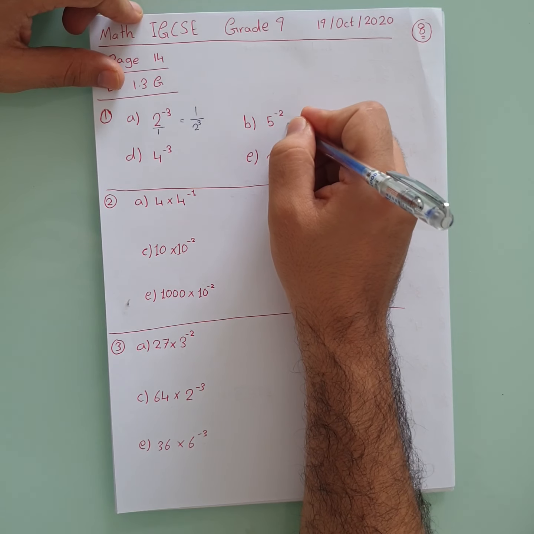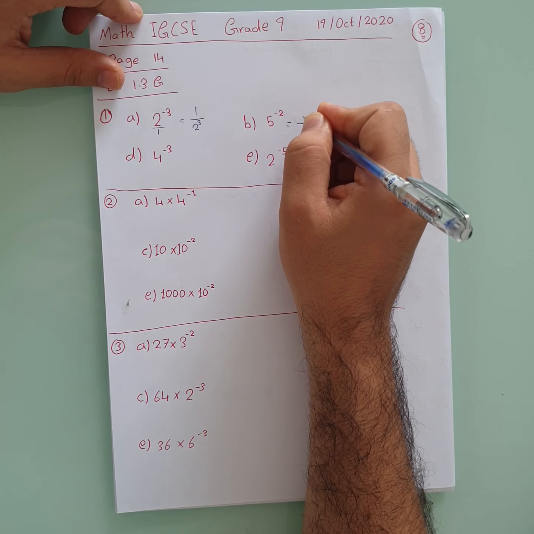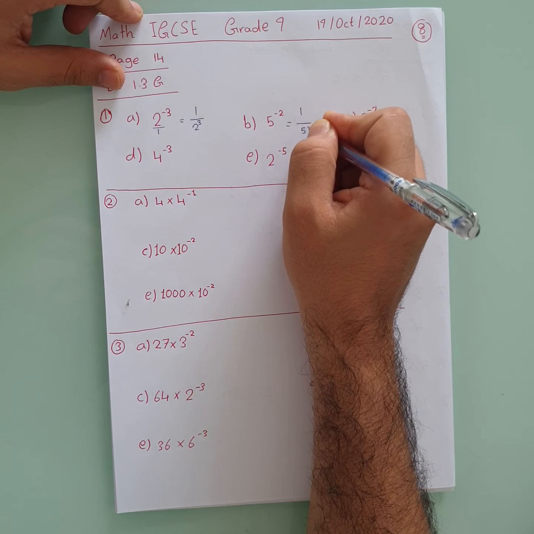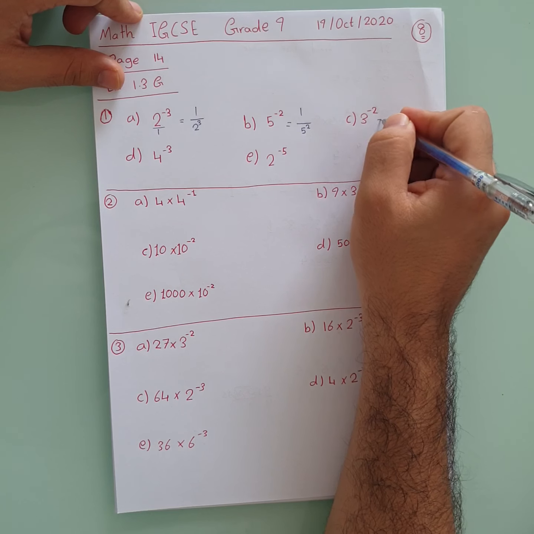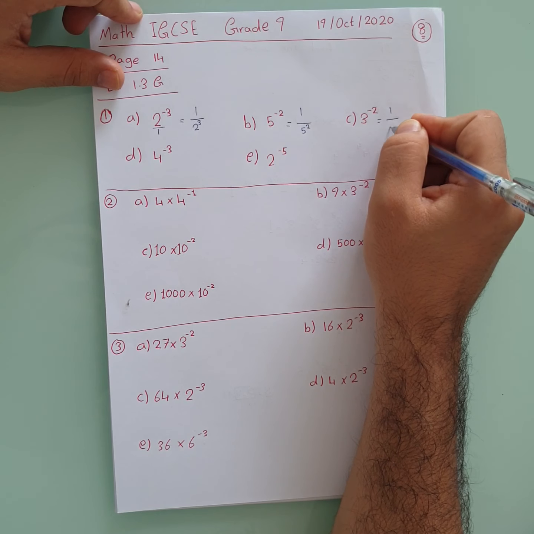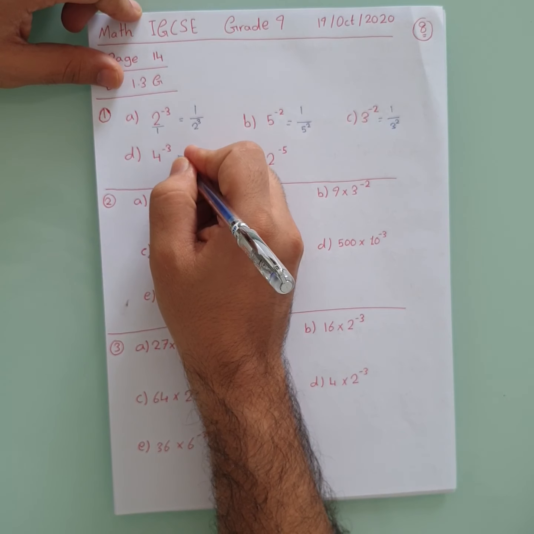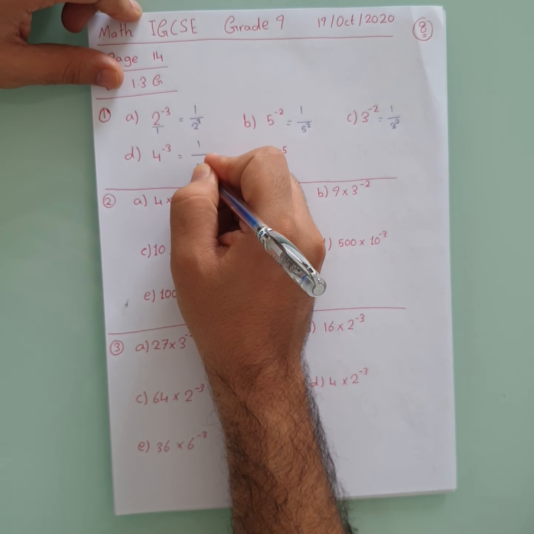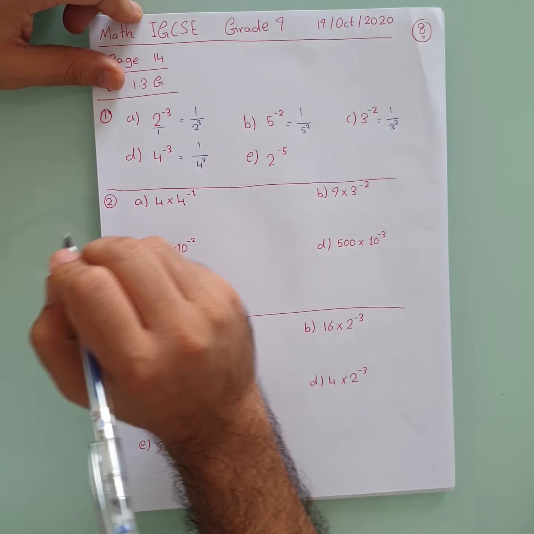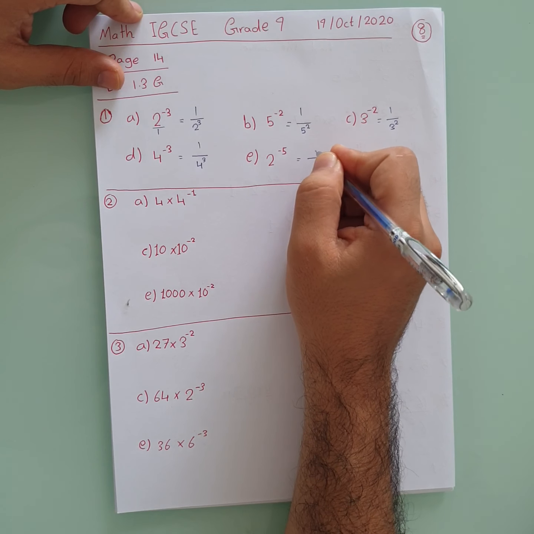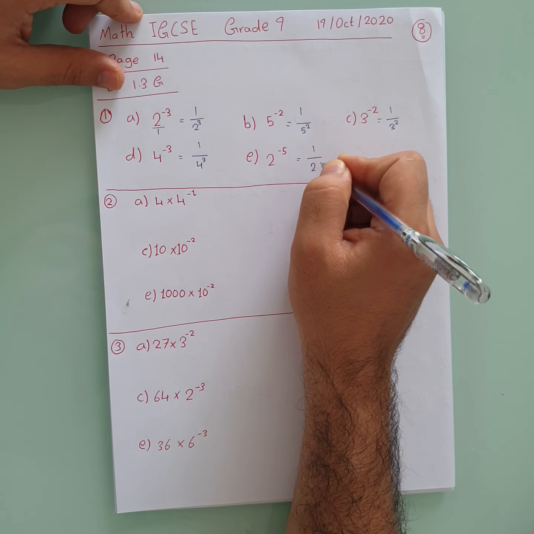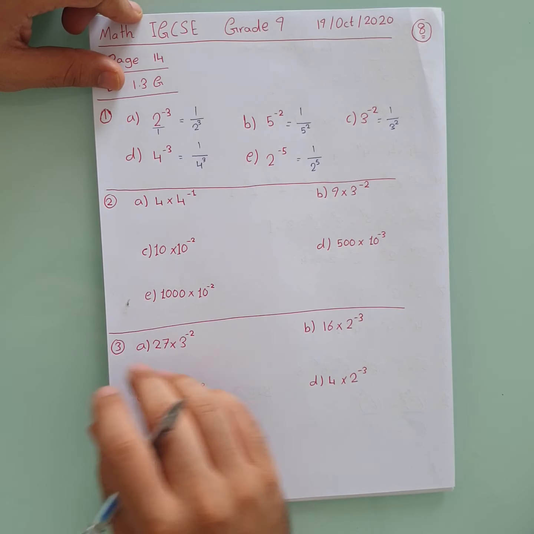Same goes here, it is 1 divided by 5 to the power of 2. This one, same, 1 divided by 3 to the power of 2. I'm just changing it to the denominator. Same goes here, 1 divided by 4 to the power of 3. And here, 1 divided by 2 to the power of 5. Okay?